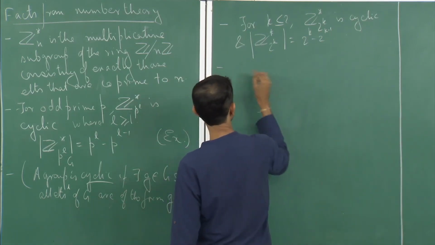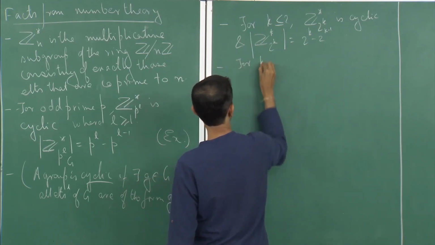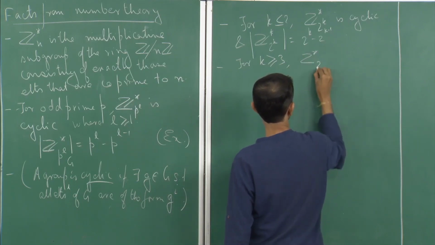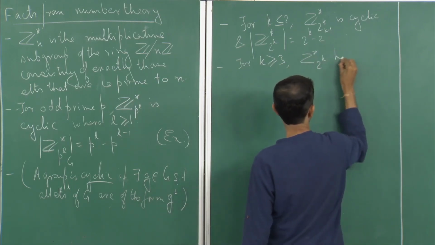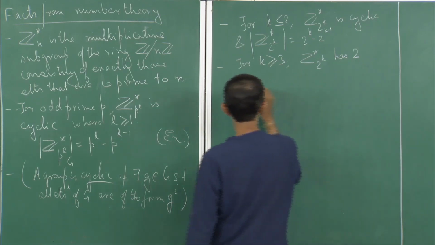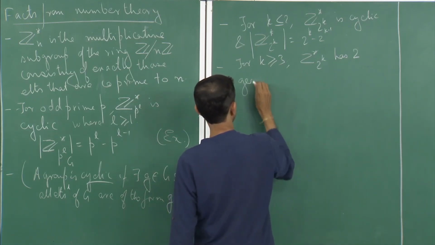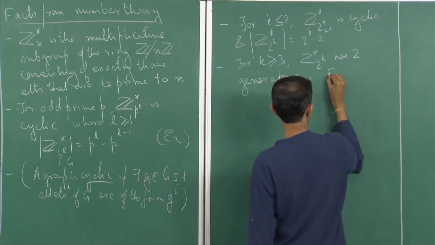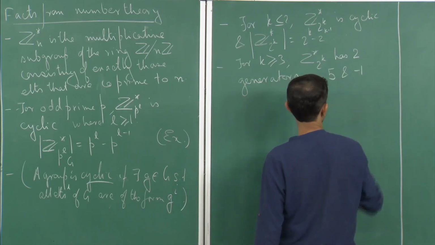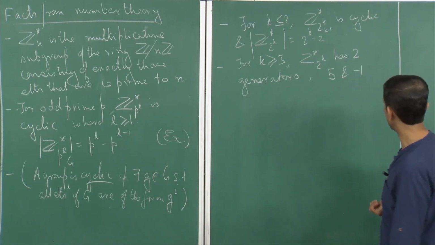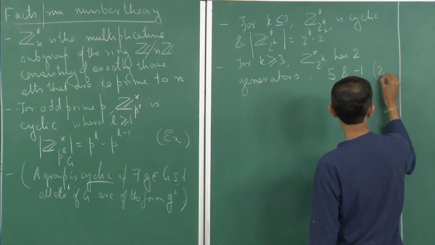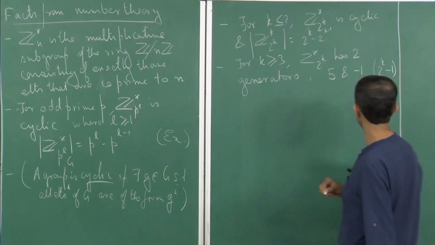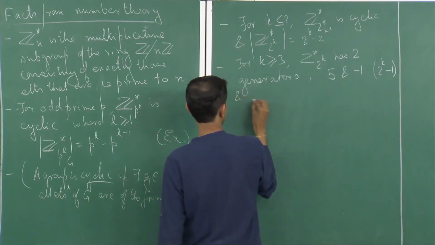Now what happens for higher powers of 2? For k greater than or equal to 3, Z star 2 to the power k has 2 generators, 5 and minus 1. Minus 1 is nothing but 2 to the power k minus 1.